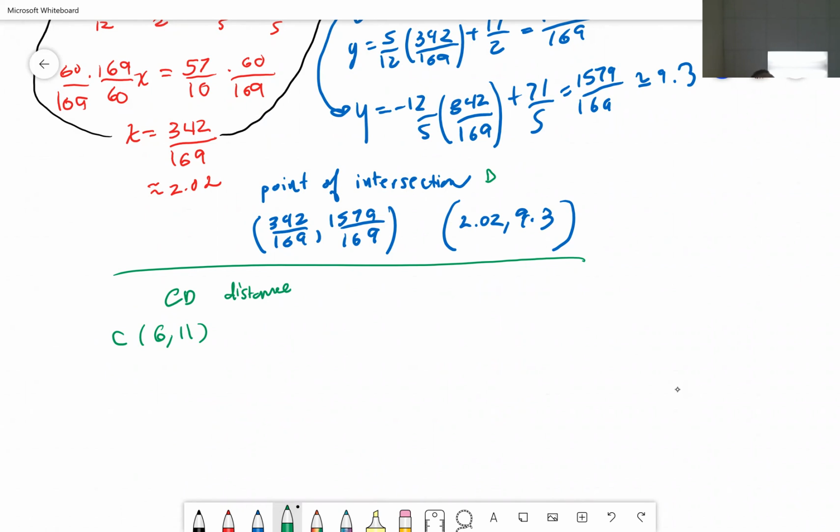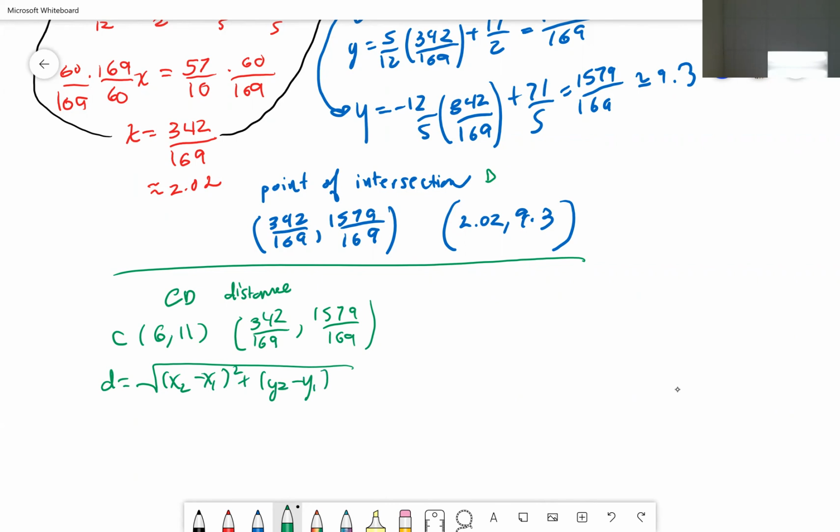So 6 comma 11, and now we have 342 over 169, comma 1,579 over 169. We're going to do the distance formula for that. The distance formula is the square root of x2 minus x1 squared plus y2 minus y1 squared.